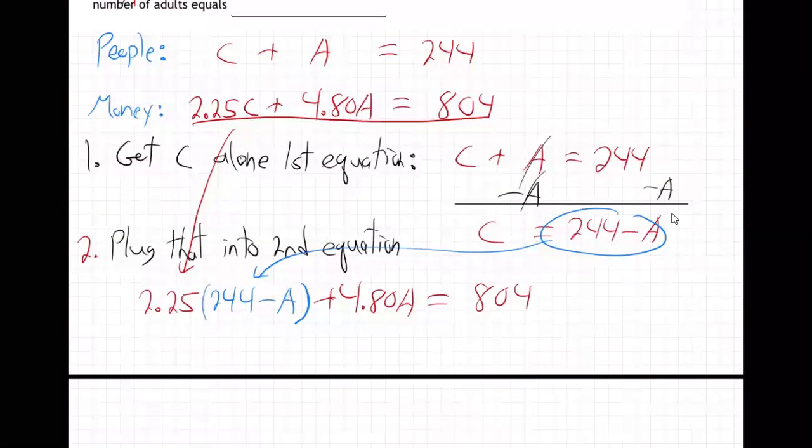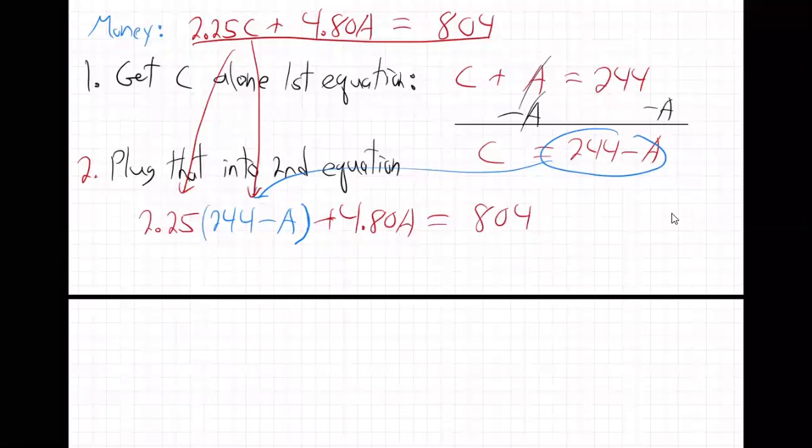That makes sense. So I got C alone in the first equation, and then I plugged that in for C in the second equation right there. That's C. Okay, now we're just going to solve this.